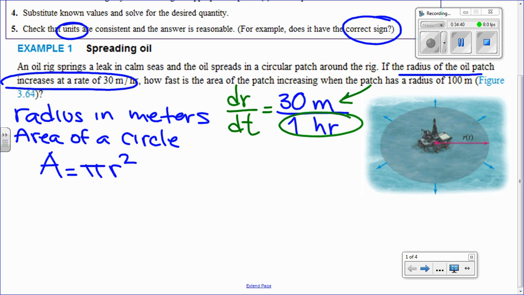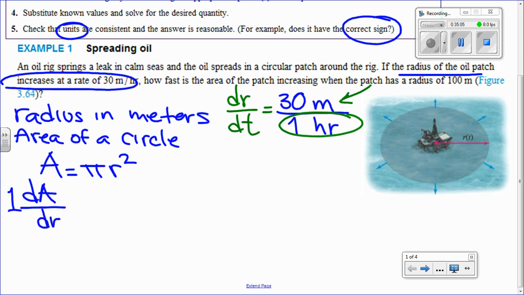Now let's start deriving with respect to r, because we know that the area depends on the radius, right? The area of a circle. So we're going to say dA dr, and it will be 1 times dA dr, so we can just forget about the 1.